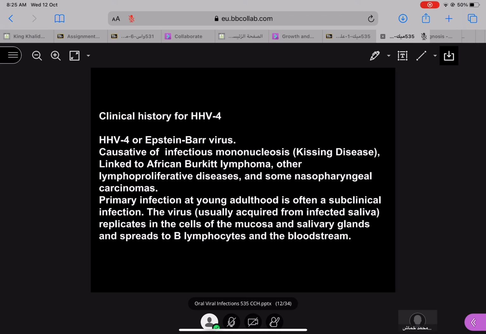Primary infection at young adulthood is often subclinical. The virus is usually acquired from infected saliva. By the way, all body secretions, like saliva when it remains in the salivary glands, urine, blood, tears, and CSF, cerebrospinal fluid, are sterile.